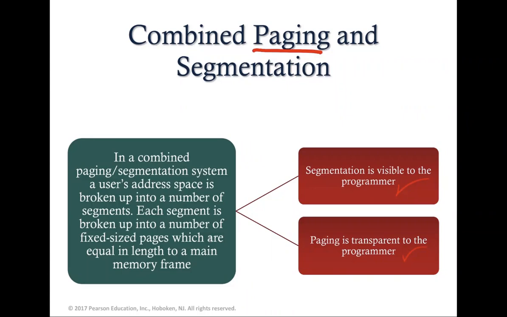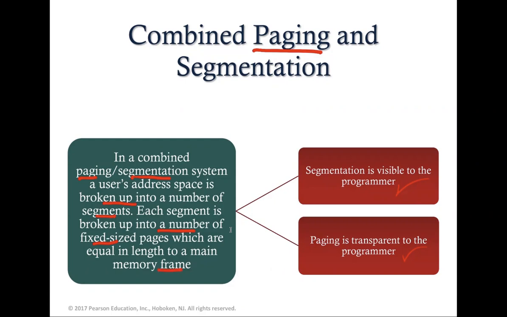In a combined paging and segmentation system, a user address space is broken up into a number of segments, and of course, this partitioning is at the discretion of the programmer. Each segment in turn is broken up into a number of fixed-size pages, which are equal in length to a main memory frame.